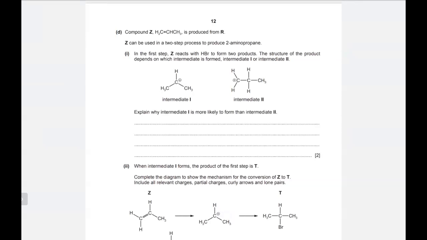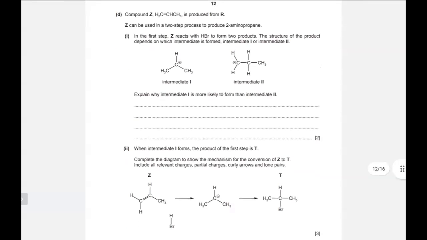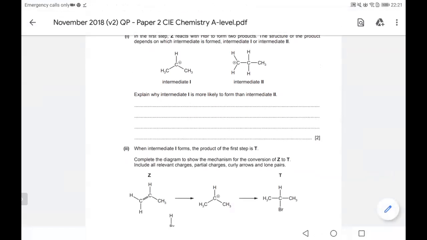Intermediate 2 is a primary carbocation. Secondary carbocation is more stable than primary carbocation. So normally reactions tend to go through the more stable cation. So that's why intermediate 1 is more likely.